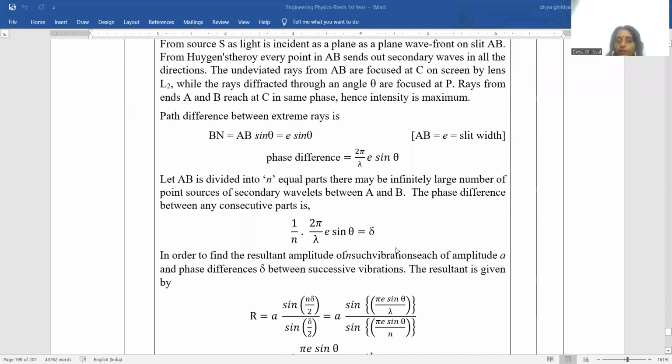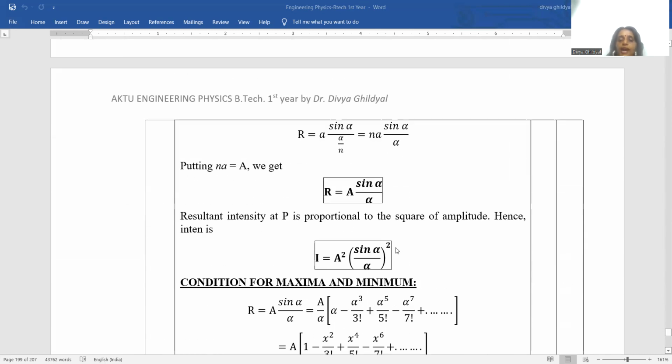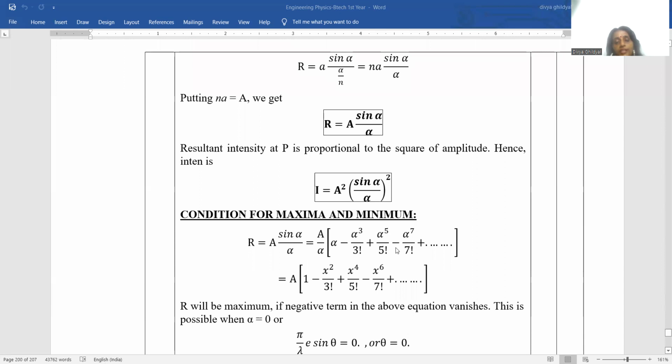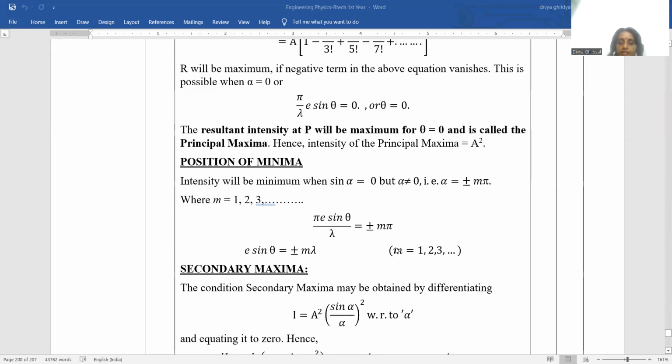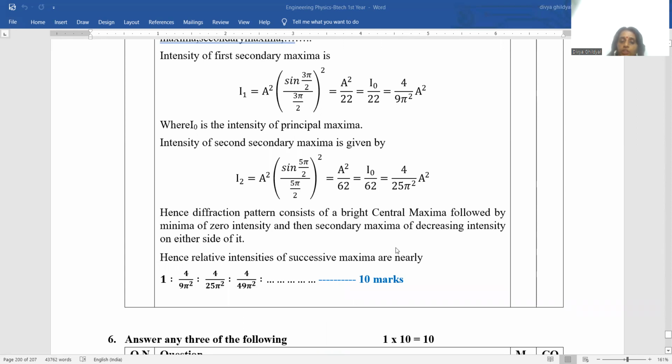Then my path difference formula leading to phase difference formula and the expression for intensity. After that, I will find the maxima and minima of this intensity expression, and I will put the numerical values for sine wherever I get my maxima, minima, and I will get the series.